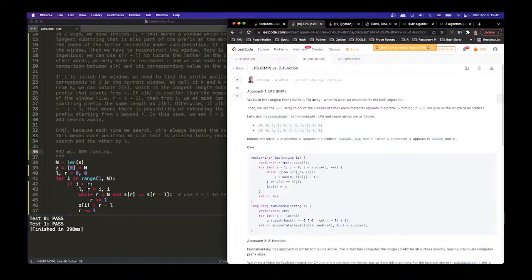Or j, what's j? J is the ending. What's the longest suffix that's equal to the prefix? So we have a certain number, right? And then we say j minus 1. J is this count. J minus 1. What?